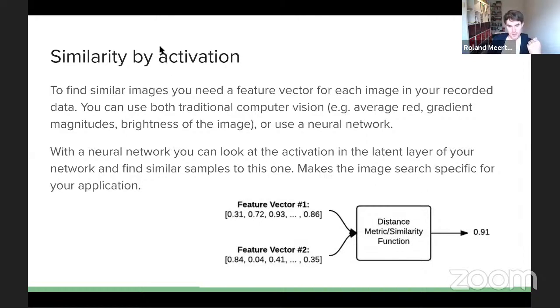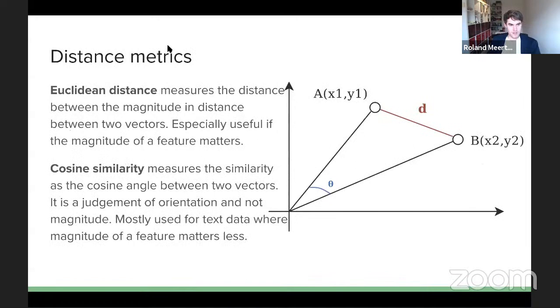Then the question is basically, if you have these two feature vectors for two images, can you have a distance metric or similarity function which says, okay, these two images are dissimilar? In practice, there are two which are used frequently. One is Euclidean distance, which measures the distance between the two vectors.